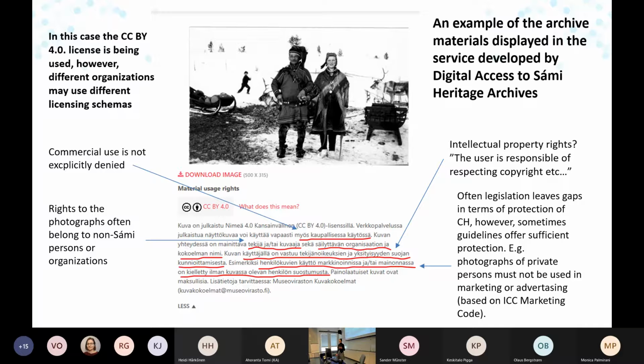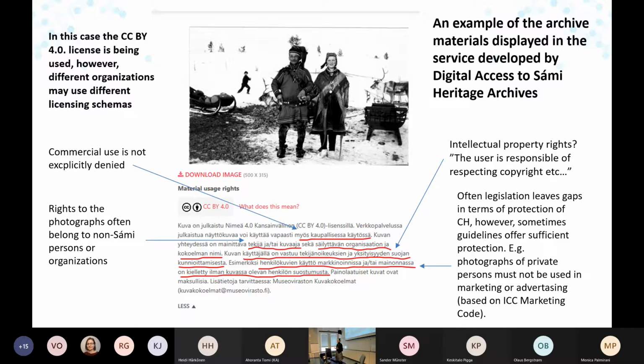So first of all, one challenge is that the repository relies on CC licenses. Different organizations can also use different licensing schemes, but even if we stick to the CC license, commercial use is not necessarily explicitly denied.